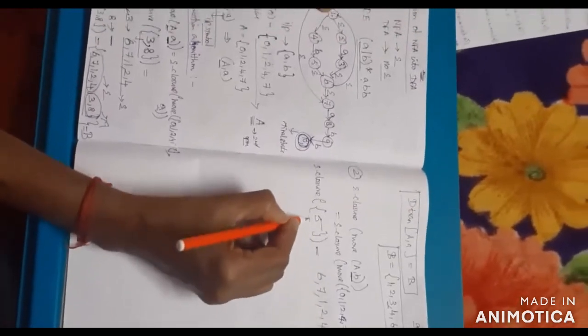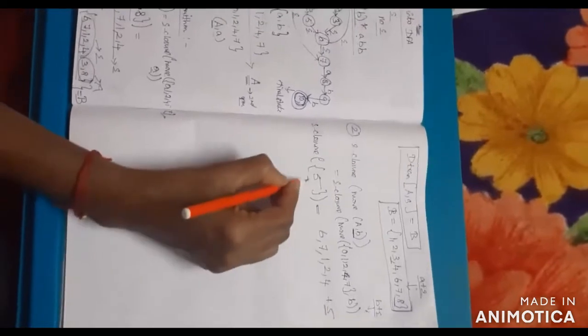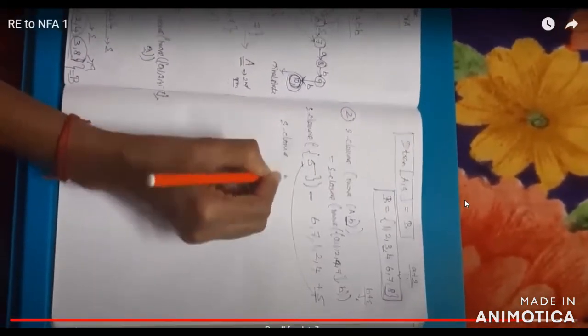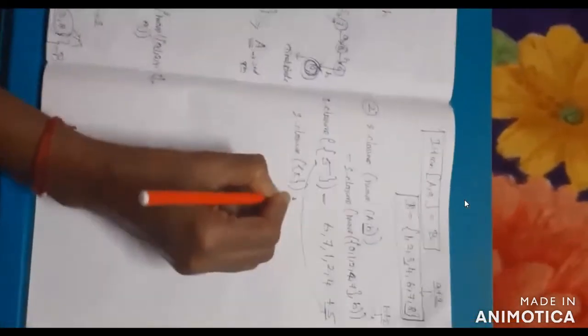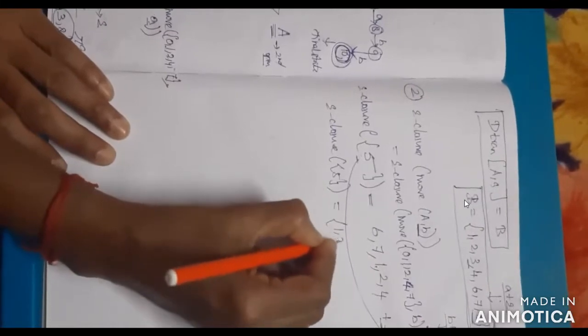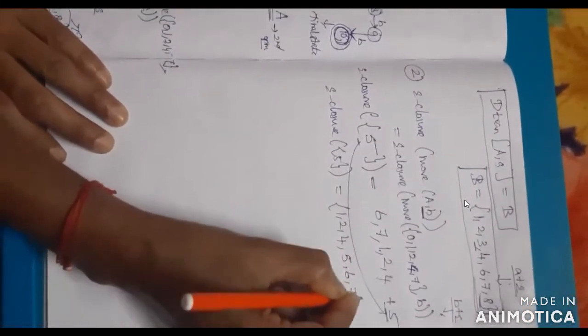Along with this you can add the value for state B, 5. Here you can add. So what is the enclosure of 5? The enclosure of 5 is 1, 2, 4, 5, 6, 7.